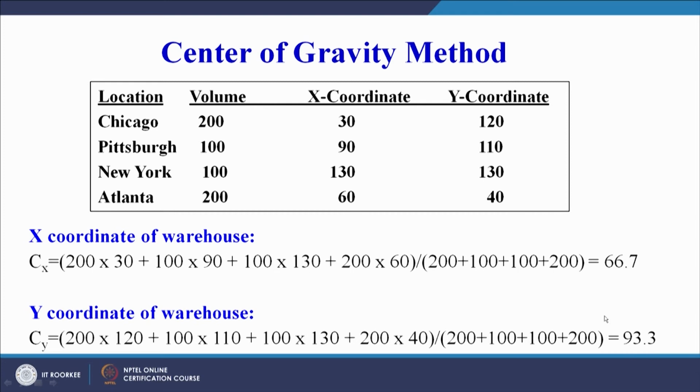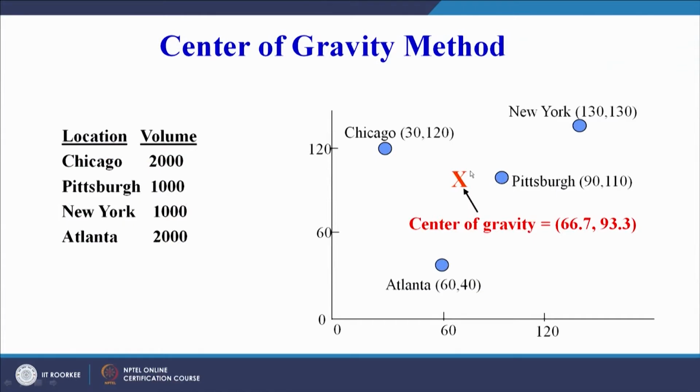So we can plot this x and y coordinate on an XY scale and check whether this gives us the minimum distance, which is our objective. Here you can see when we plot 67.7 and 93.3, this is the location which will minimize the distance travelled from one place to another.